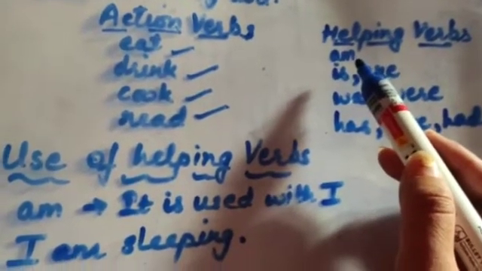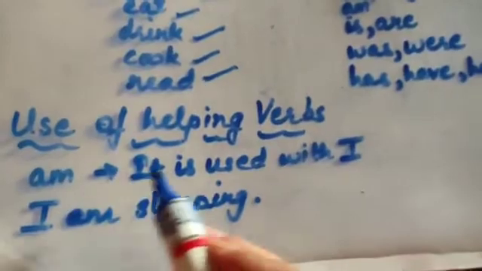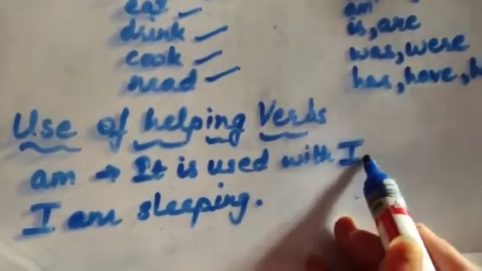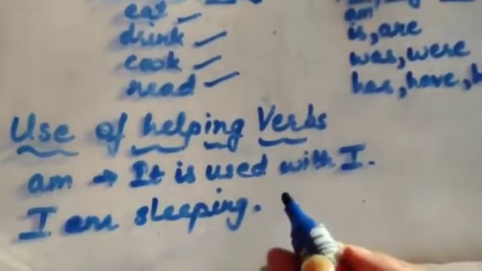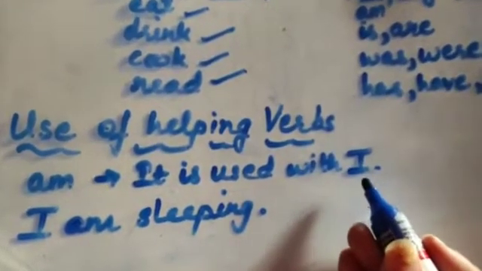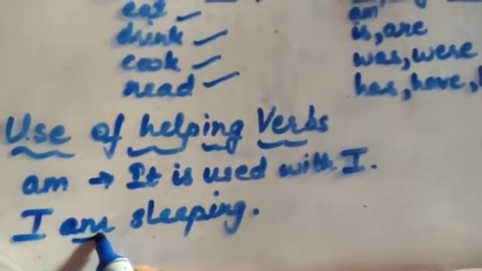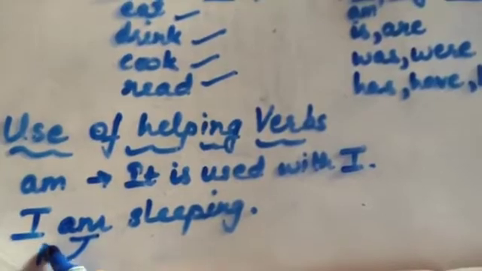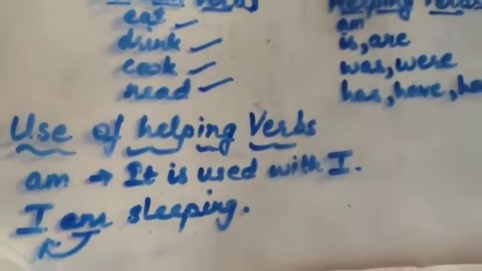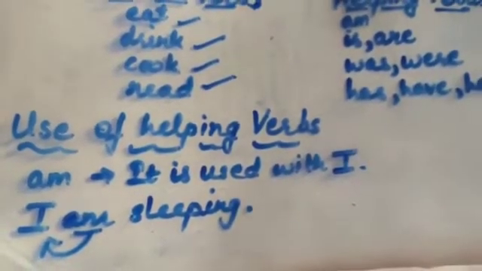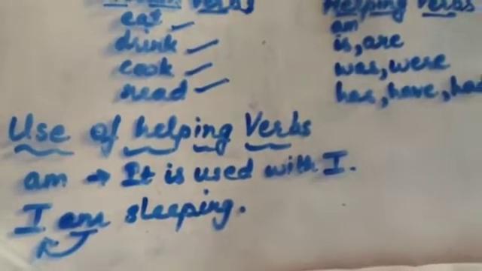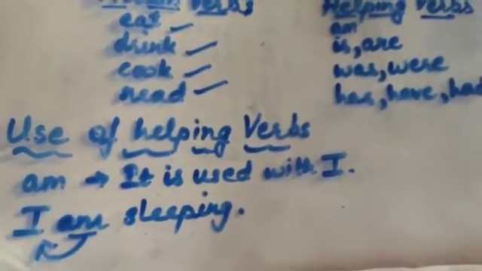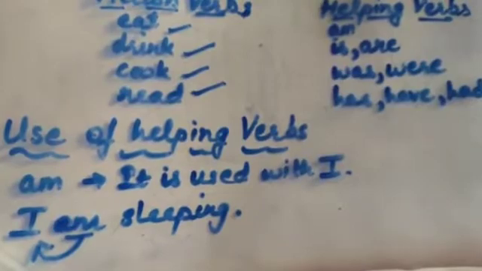It is am. So am is used with I. So class, we know that whenever there is a word I, we always use am with it. We cannot say he am sleeping or she am sleeping. We can only say I am sleeping, or I am drinking, or I am reading.